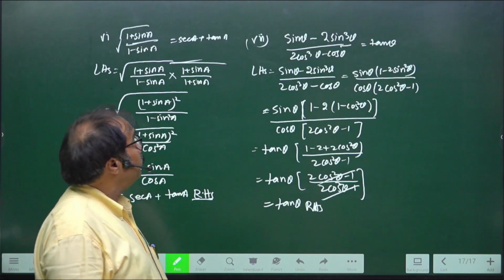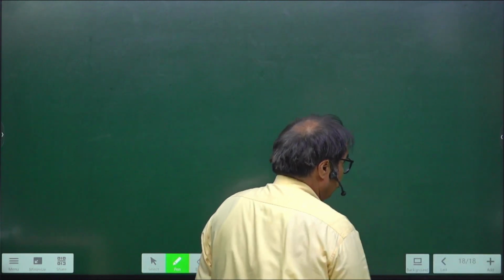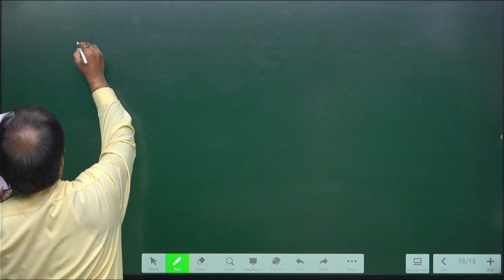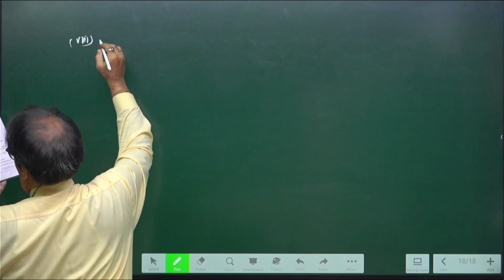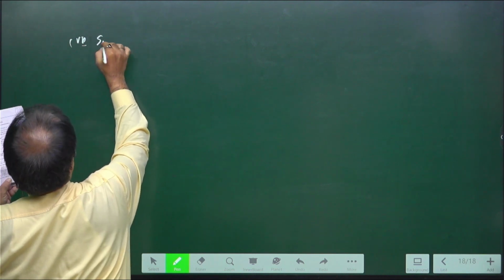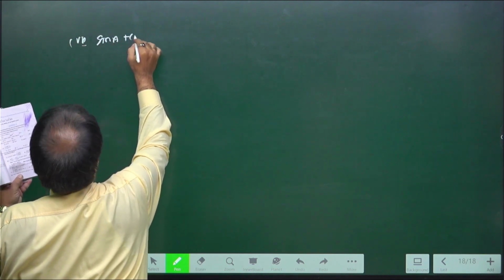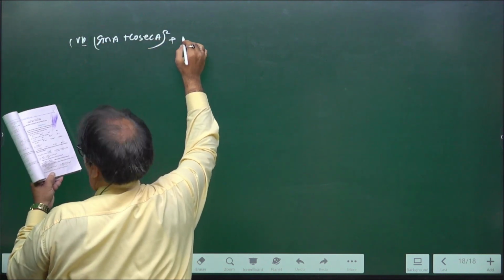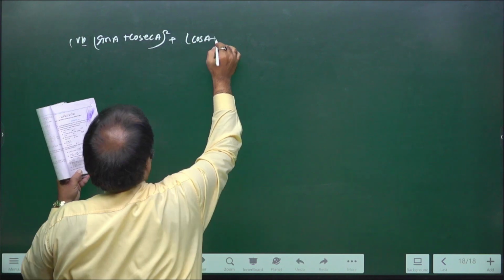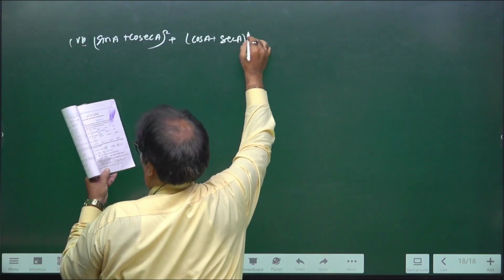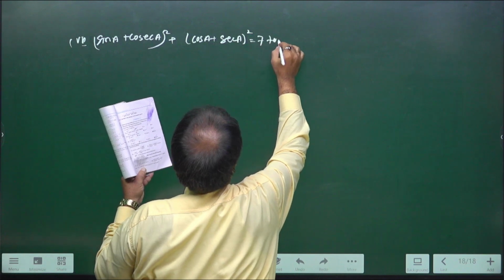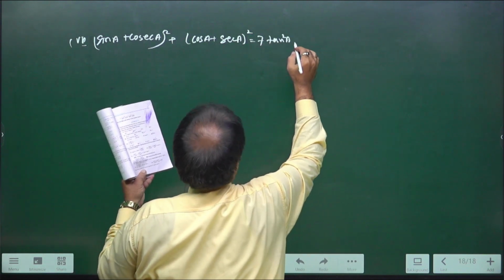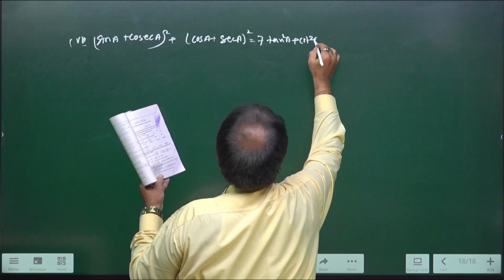Okay. So the next question, question number 8th part, that is (sin A plus cosecant A) whole square plus (cos A plus secant A) whole square is equal to 7 plus tan² A plus cot² A, right?